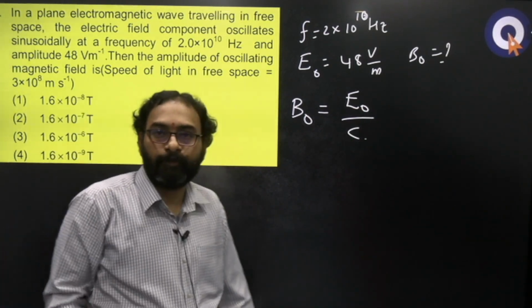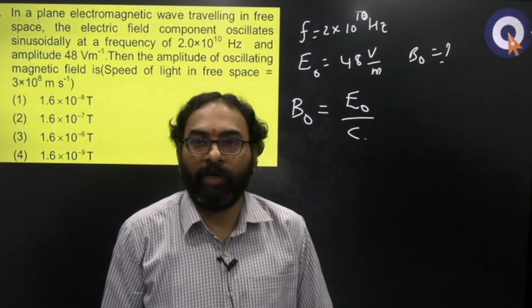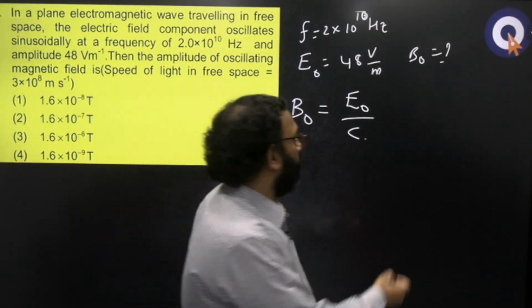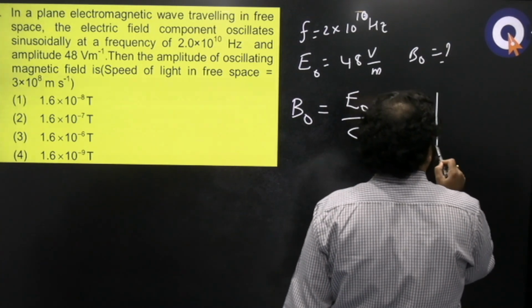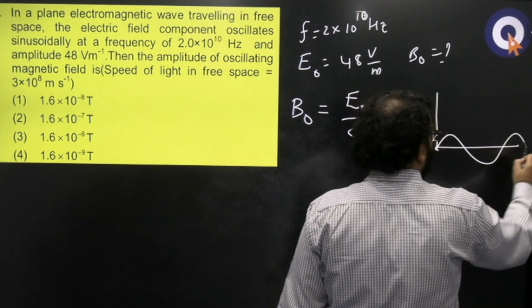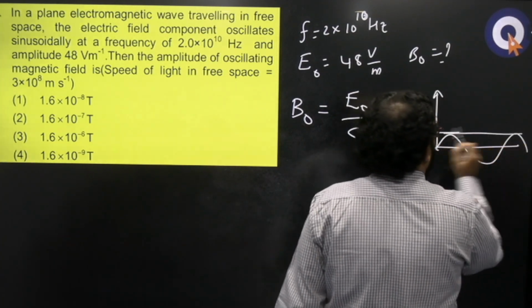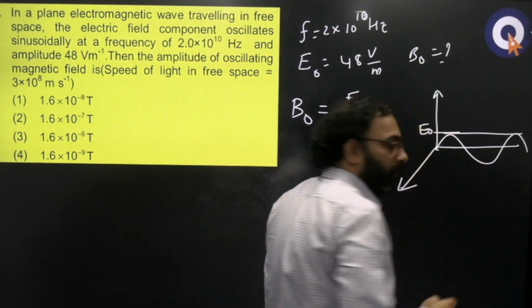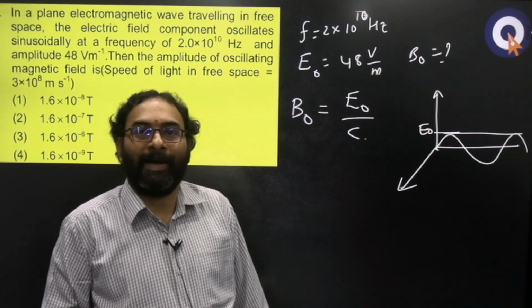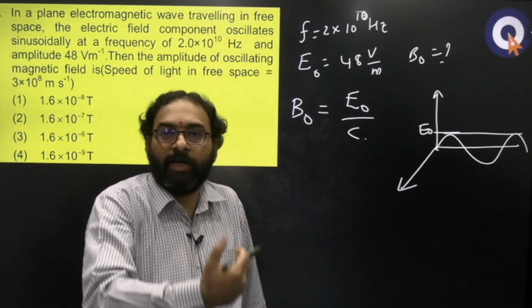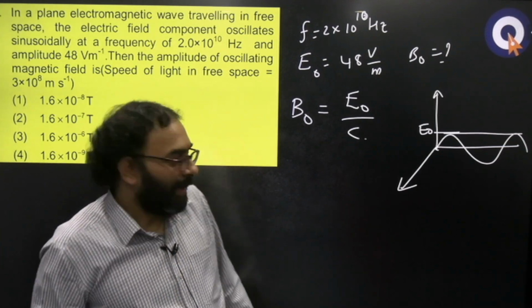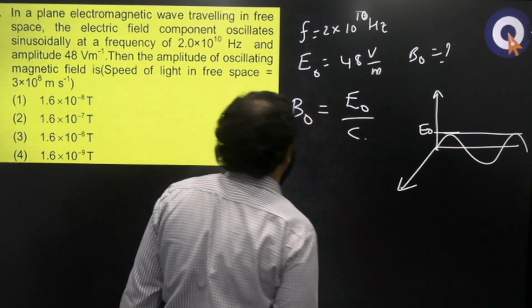E naught means the amplitude of the electric field. Amplitude means the maximum value of the electric field. And similarly, the magnetic field component oscillating has an amplitude, which is B naught. So this is the relation.